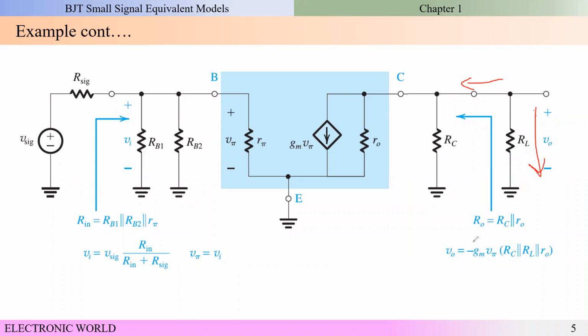So that's why there is a minus here. This is the current GMVBE, and RC parallel RL parallel R0, because these three resistors are in parallel combination. That's why we can use this circuit.